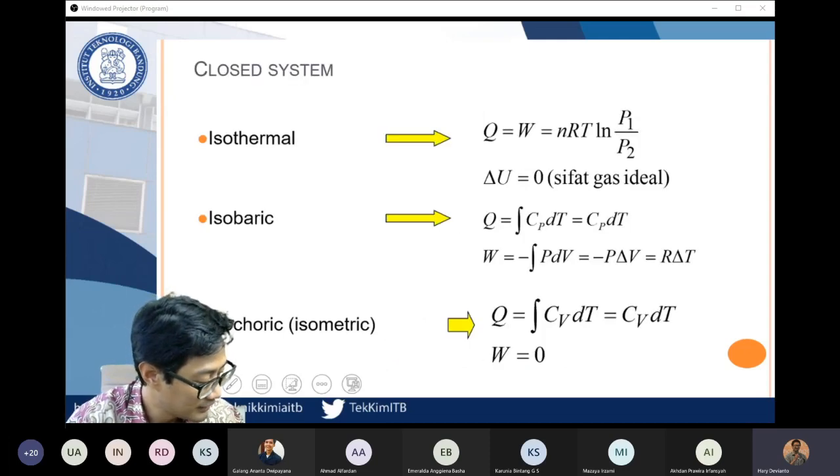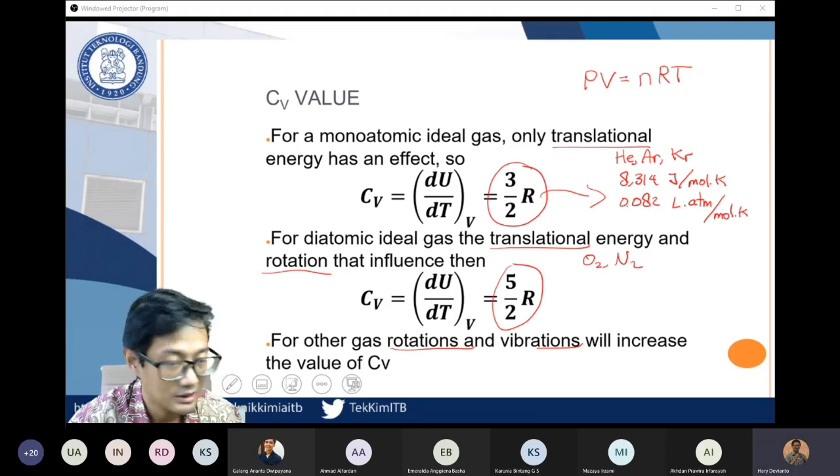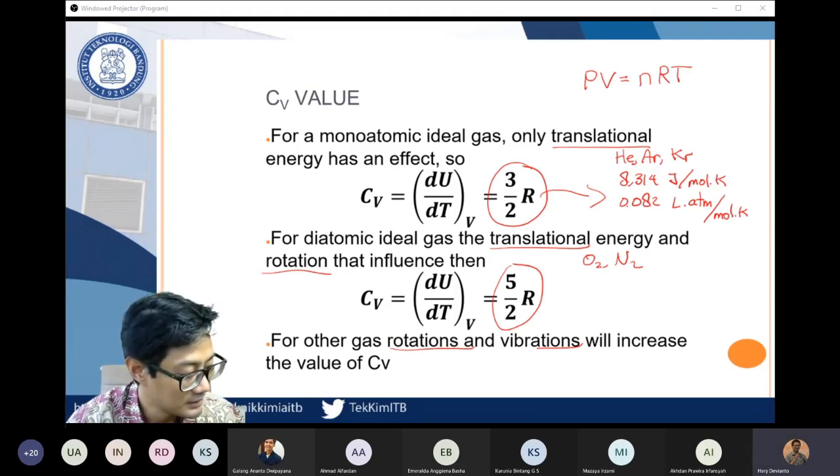What would be the effect? Before I go to the system, I will come back to this slide first. For monoatomic, Cv is equal to 3/2R. Let's calculate the Cp using the previous formula.